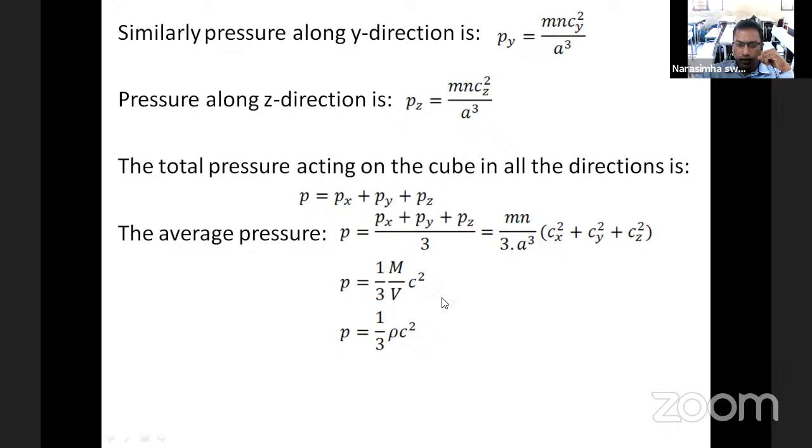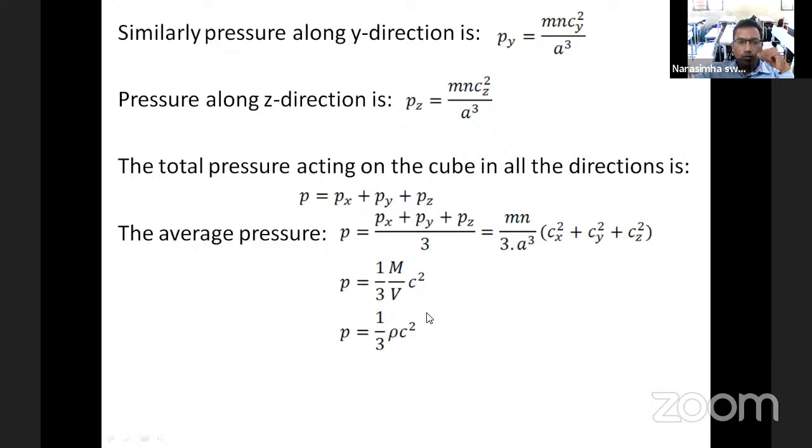V, the volume of the cube, is a cube. So M by V is the density of the gas. Hence the total pressure exerted by the gas on the walls of the container is 1 by 3 rho c squared. This is the expression for the pressure.